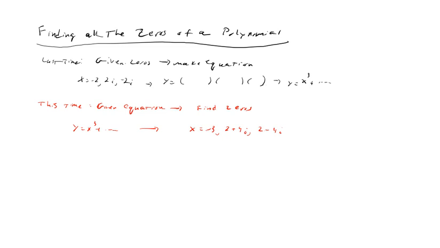And there are lots of tools that we have to do that. And we're going to employ all of these tools. We're going to use all these tools to figure out what the zeros are of these functions.